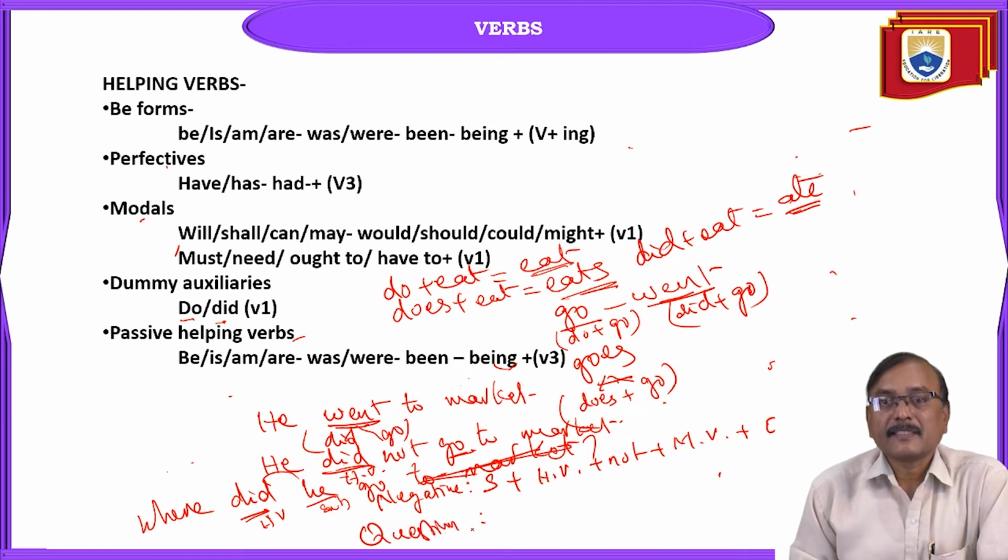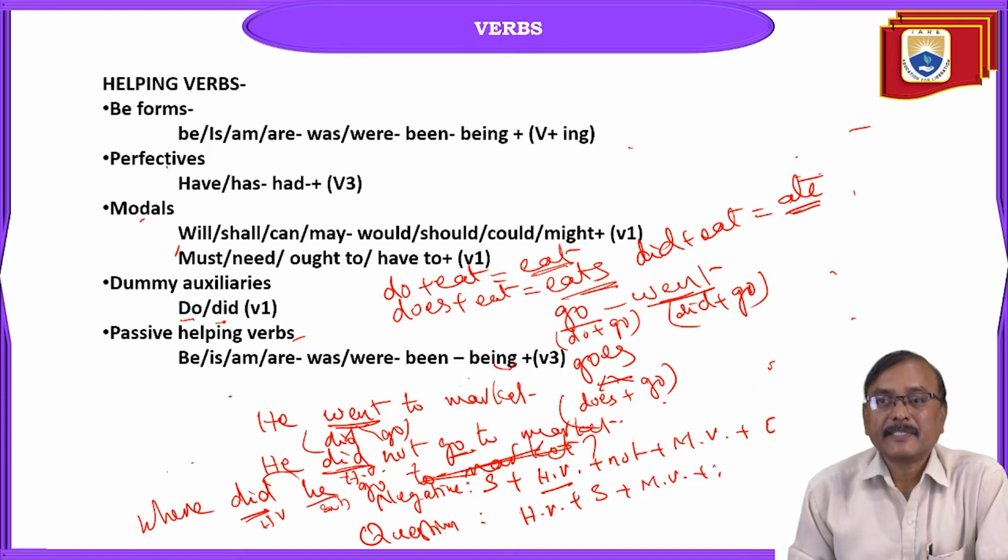In the questions, that is an interrogative sentence, the helping verb should come before the subject. Helping verb, then subject, then main verb, then object or complement. This is the structure.